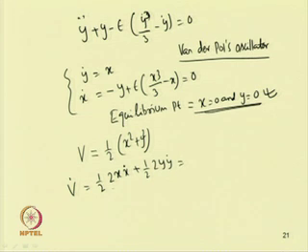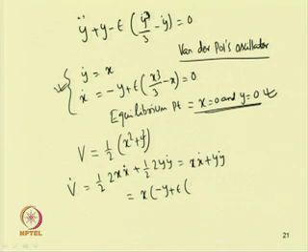So, this becomes x x dot plus y y dot. From this equation we know what our x dot and y dot values are. Now substituting, for x dot one can substitute minus y plus epsilon into (x cube by 3 minus x).